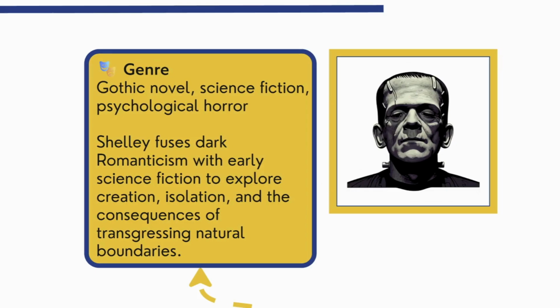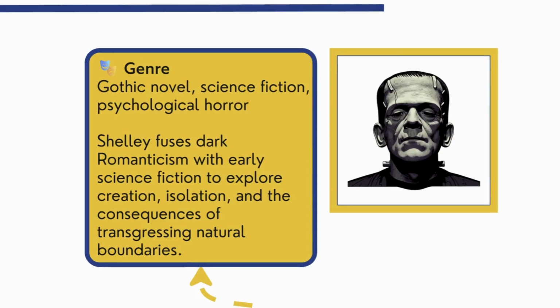And Shelley fuses dark Romanticism, which was an artistic movement which you might want to research, with early science fiction to explore notions of creation of life, social isolation, which is felt by the monster, and the consequences of transgressing natural boundaries, such as creating life and trying to play God, which we'll get into in a little bit more detail.